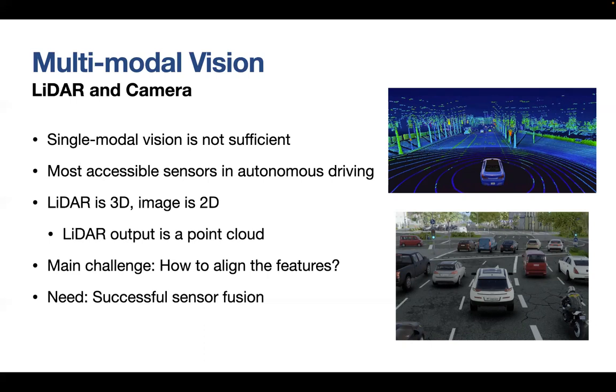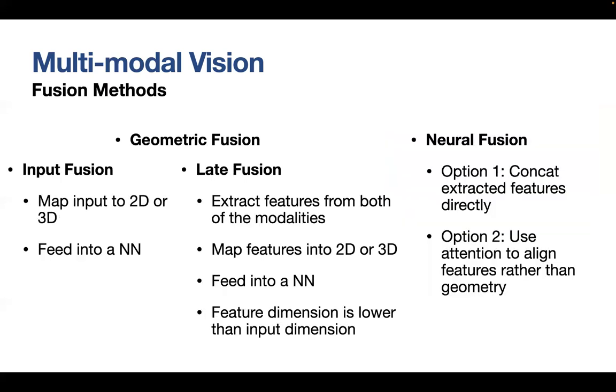The problem is that LiDAR is in 3D, which outputs a point cloud, and the image is 2D. So the main challenge is: how do we align these features? How can we merge the features extracted from 2D images and 3D data with each other? We definitely need a successful sensor fusion method to utilize both input modalities.